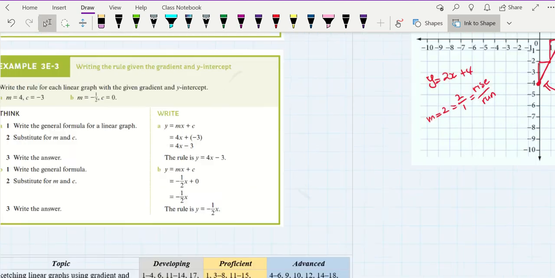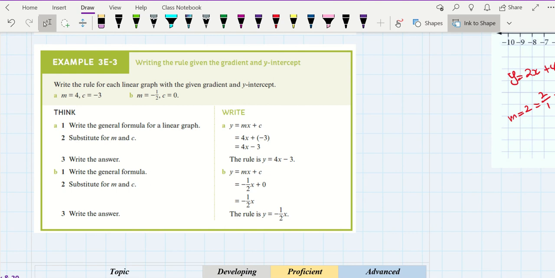Okay, look at the last set of questions here. Write the rule for each linear graph with the given gradient and the y-intercept. So we said that y equals mx plus c, and we needed to recall that m equals gradient and c equals y-intercept.